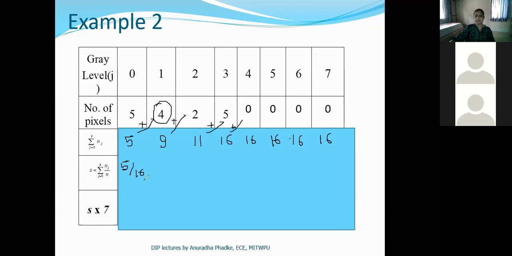Then multiply these normalized numbers by 7, because in the given example the maximum gray value is 7. So here you will get 5 divided by 16, multiplied by 7, and then round it to the next integer. Complete all these steps and tell me your final row. What are the results in the final row?